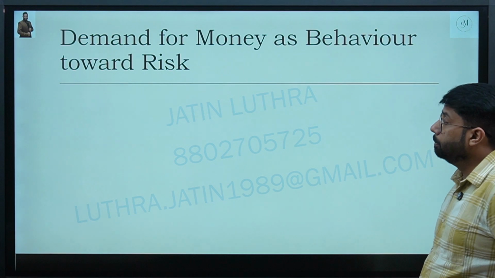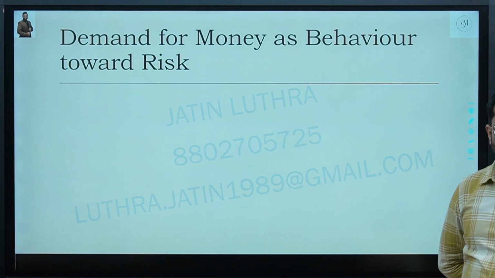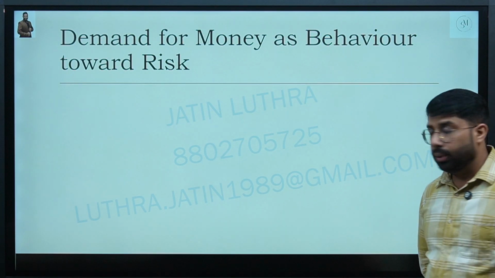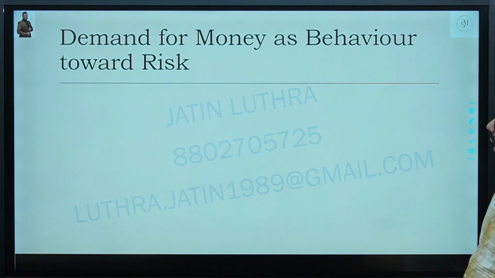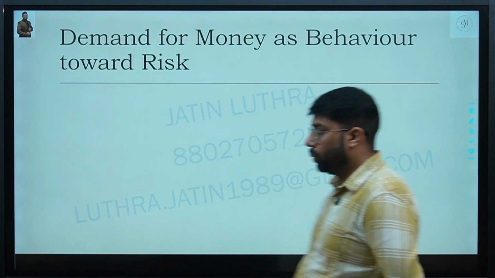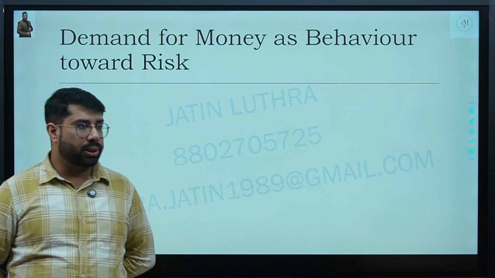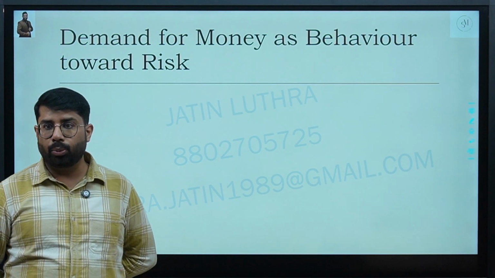Okay, so the next theory we'll do is again the post-Keynesian development in the theory of demand for money. It is the demand for money as behavior toward risk. Before I start this theory, you should know that there are 2 types of people in the economy. First is risk taker and the second is risk averse.